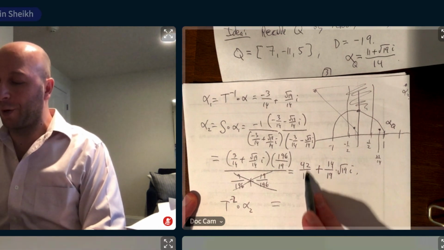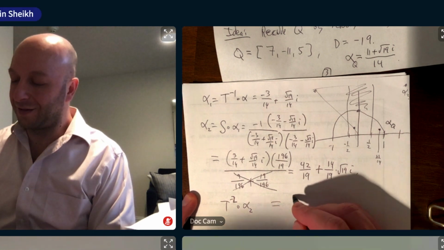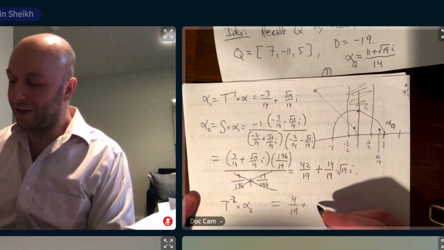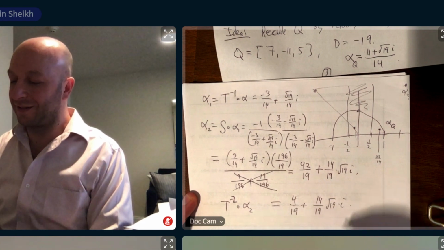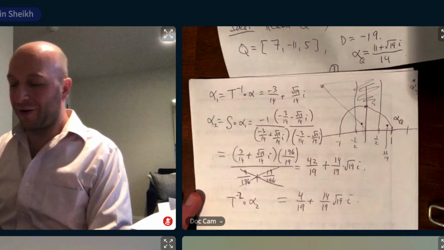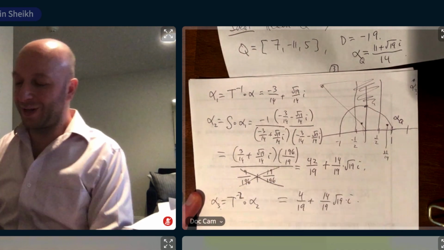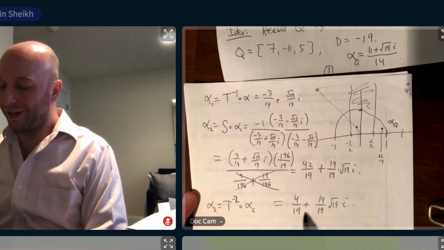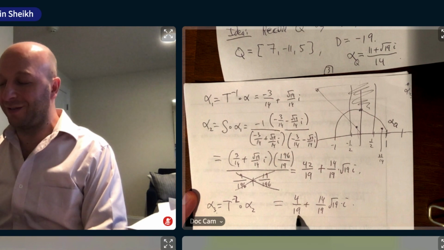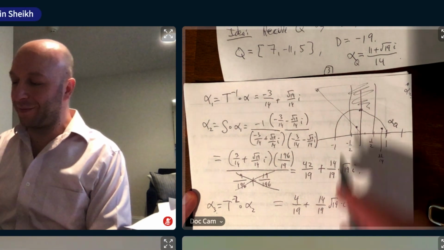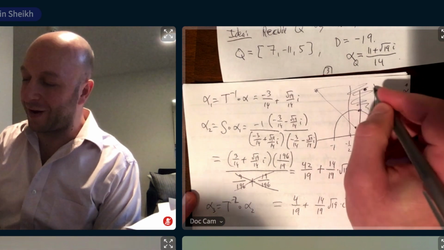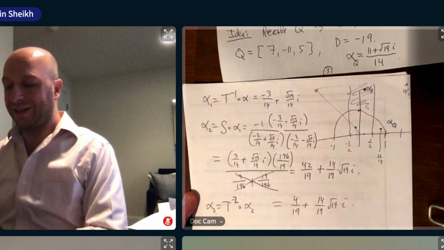So if we take 42 minus 38, we get 4 19ths plus 14 19ths root 19 i. Okay, so that's our alpha 3. And where is this point? 4/19 is definitely between minus a half and a half. It's over here somewhere, and this is some big imaginary number. So there's our final answer, alpha 3, as simple as possible.